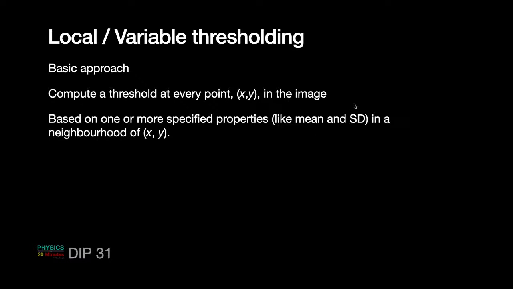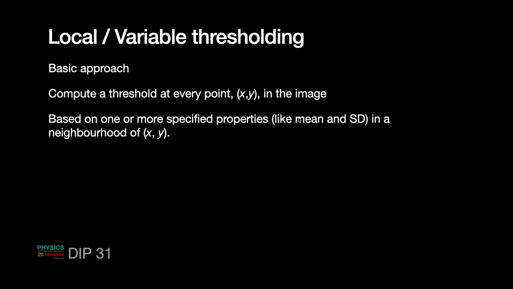You can take a combination of the two also. That is, if the mean is less than this and the standard deviation is greater than this, then you set it to 1 or 0, depending on how you do it. Now remember, this will change from point to point.